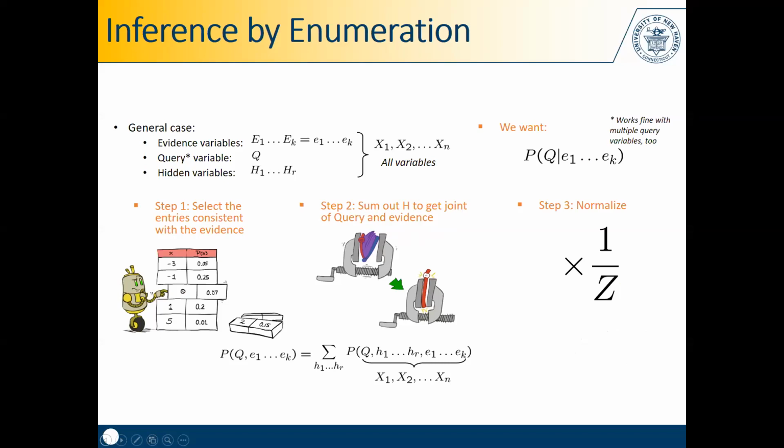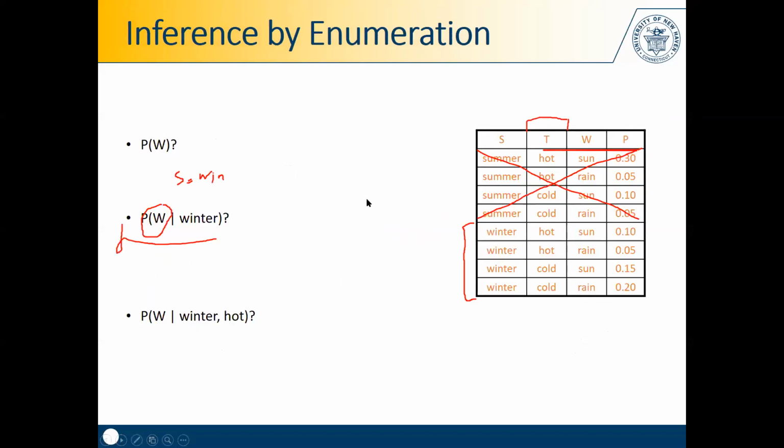Okay, so let's do this. We want to sum out over the hidden variable. What's the hidden variable in this example? It's T, right? It's the temperature. What we want to find out is the joint probability distribution of W and season.